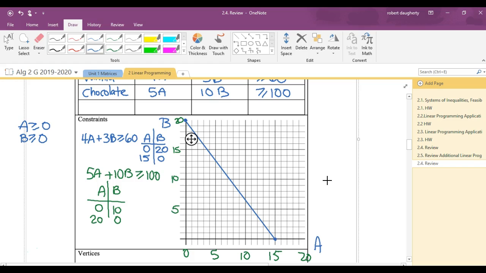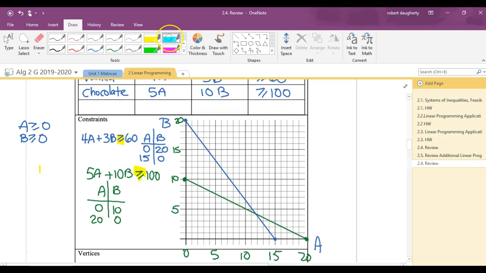Okay, and now for the green line is 0, 10, and 20, 0. And if I connect those two, okay, and now it looks like according to these inequalities right here, I'm shading above both of those lines.